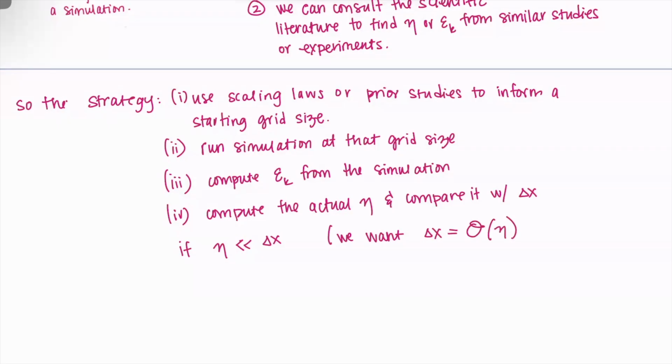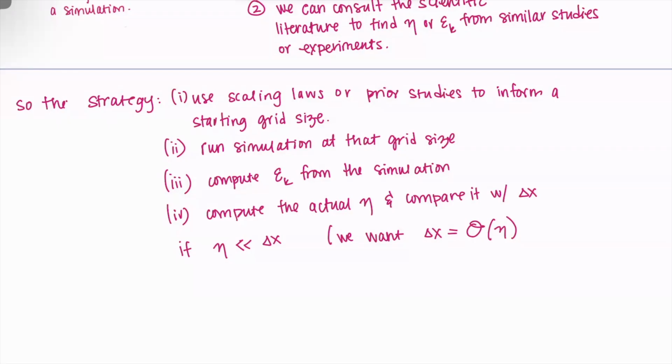What I mean by that is same order of magnitude. So if you have delta x equal to 3 eta, that's generally okay. If you have delta x equal to 10 eta, beginning to approach not okay. So generally anything higher than the same order of magnitude is going to be under-resolved.